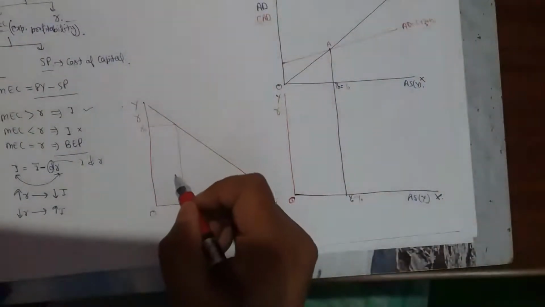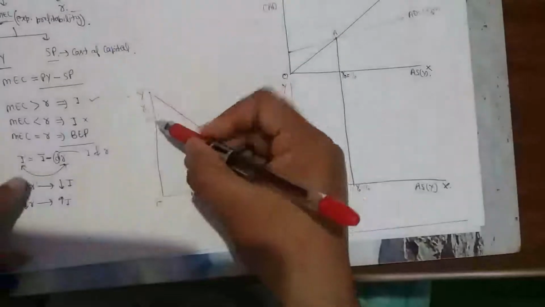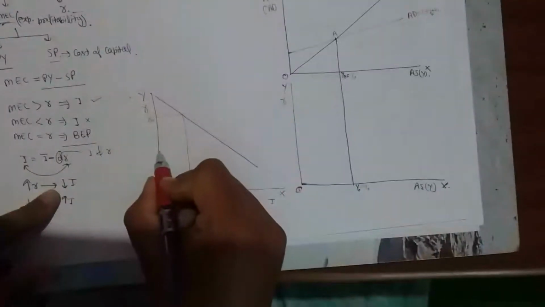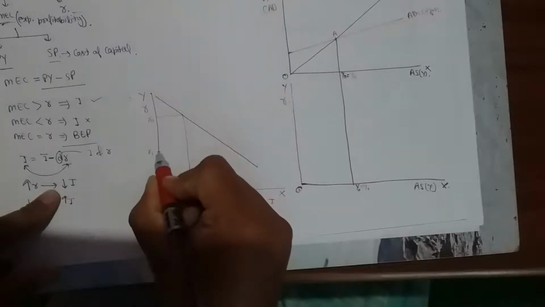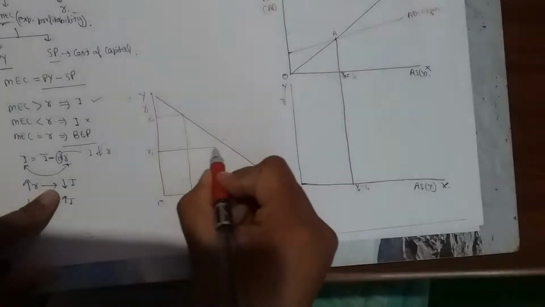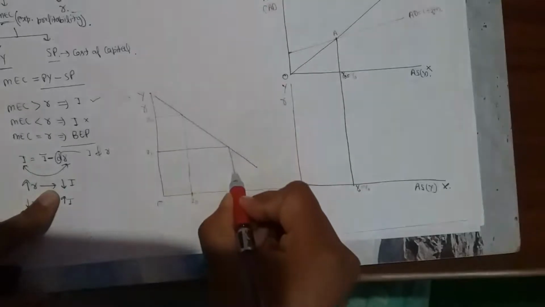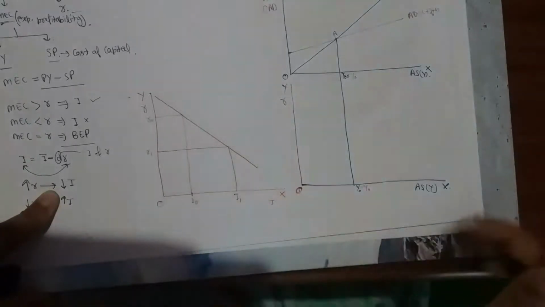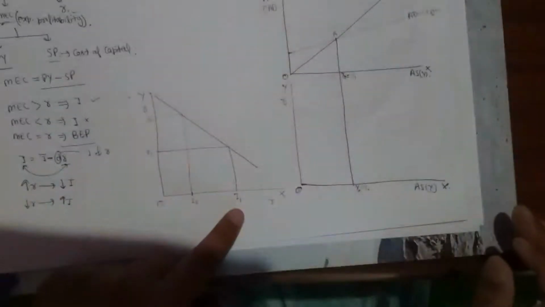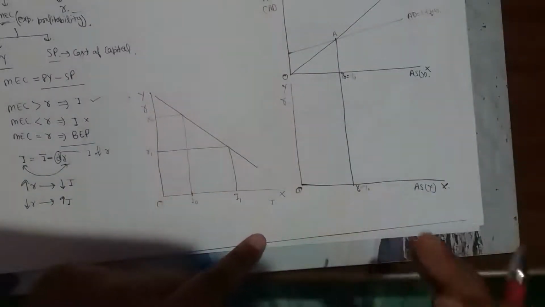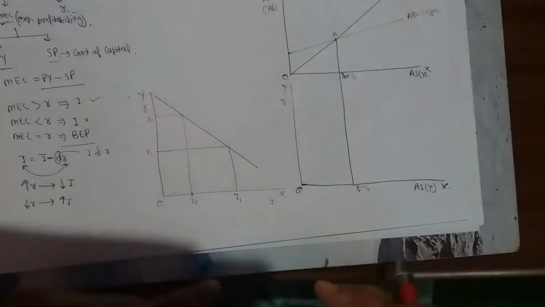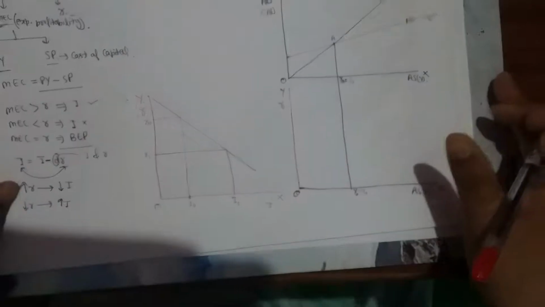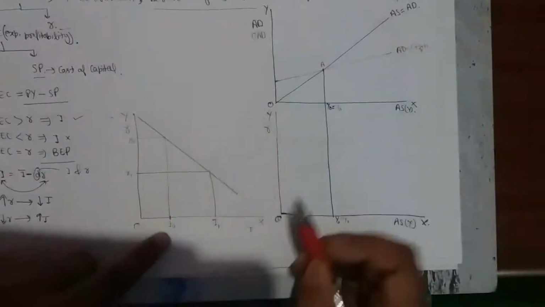Now, if the rate of interest decreases from R0 to R1, what will happen to investment? Investment will increase from I0 to I1. This increase in investment due to the decrease in rate of interest will shift aggregate demand outward. How much?